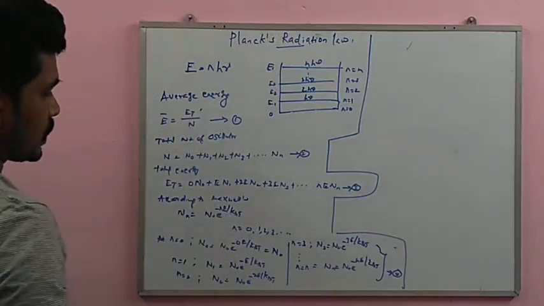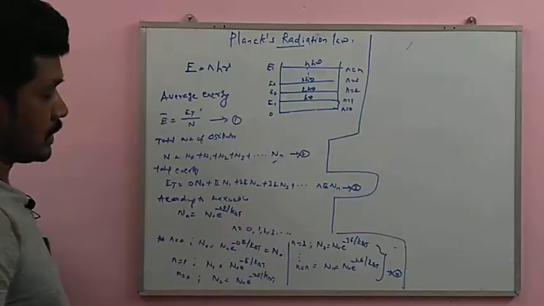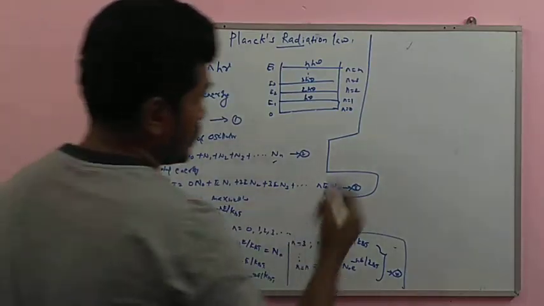Now substituting equation number 4 into equation number 2, the total number of oscillators.